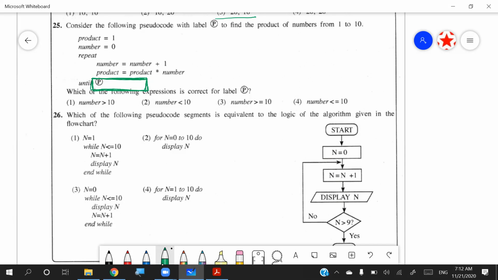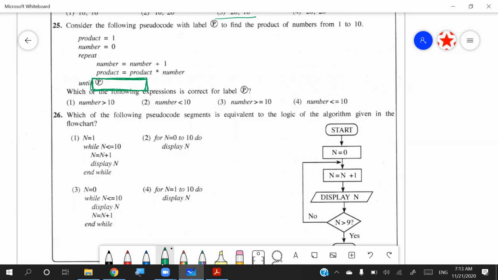So in this particular question, you should find a condition which is going to be incorrect or false until this repetition happens. The question says it is an algorithm to find the product of the numbers from 1 to 10.